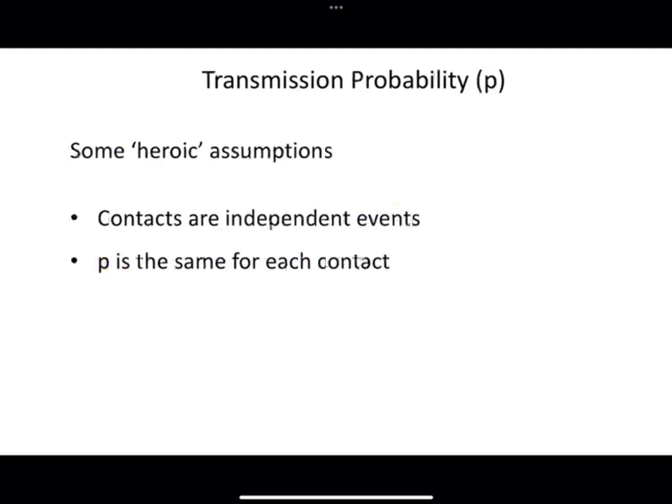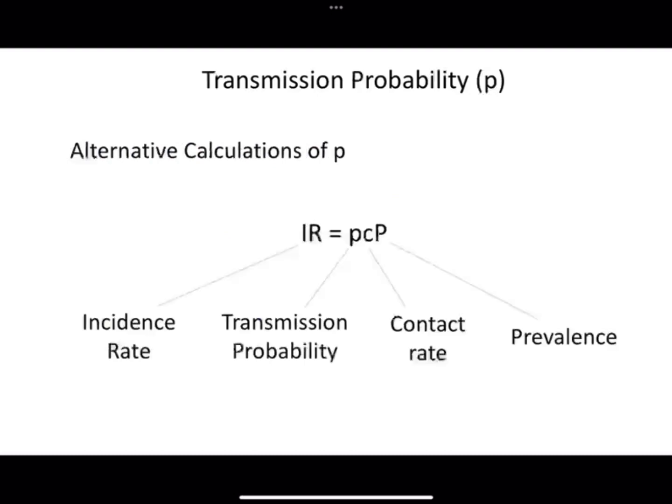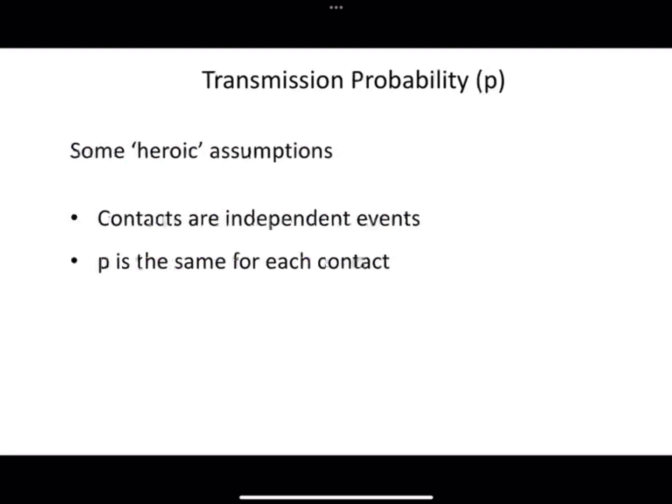But you would have to make that assumption that all contacts are independent, and the probability of transmitting the disease is the same from contact to contact, which is obviously a heroic assumption. Back to that mastitis example, there are all these host-specific factors, so even for the same infected individual contacting two people on the same day, the susceptibility of those hosts is going to differ greatly.